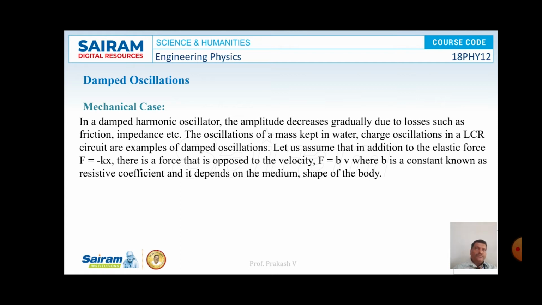Let us assume that in addition to the elastic force F is equal to minus kx, there is a force that is opposite to the velocity. F is equal to minus Bv, where B is a constant known as the resistive coefficient, and it entirely depends upon the medium and shape of the body.